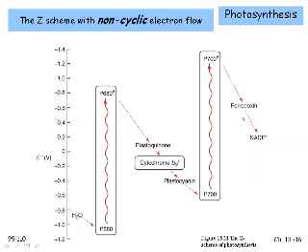So when you have non-cyclic electron flow, you have two photo events, one in photosystem 1 and one in photosystem 2. In the first photo event, P680 is excited to P680 star, and there's going to be an associated stripping of electrons from water to restore that.